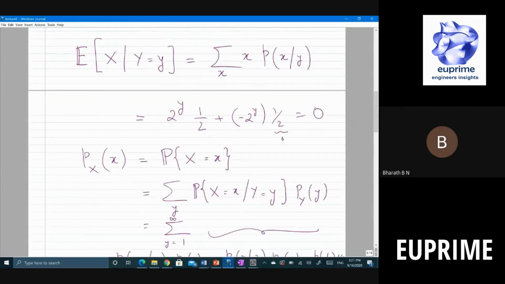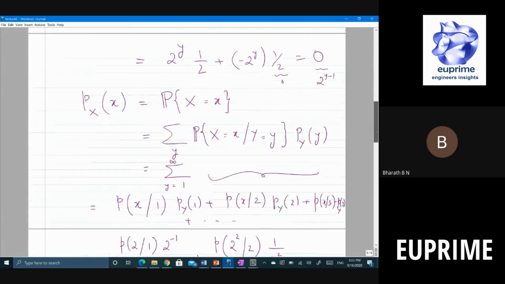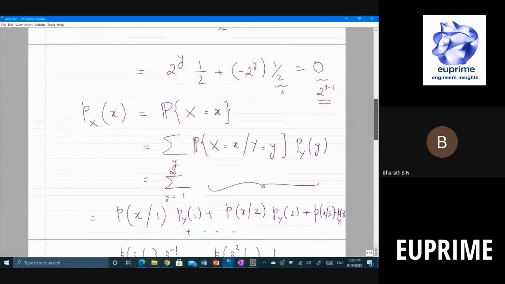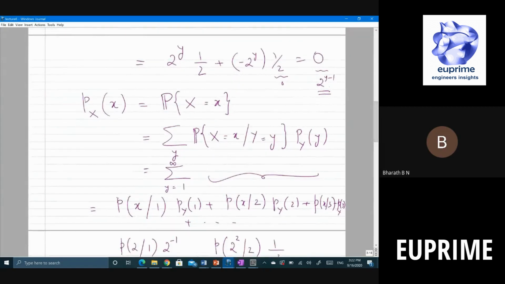This will be 0, so this won't be 0, this will be 2 power y minus 1, right? Now, what will happen here? So this will be 2 power y minus 1. Remember, this is the expected value of x given y. And then you have to average over all y. If you average over all y, what do you get? It will be 1 by 2, right? So 1 by 2 will be the answer.